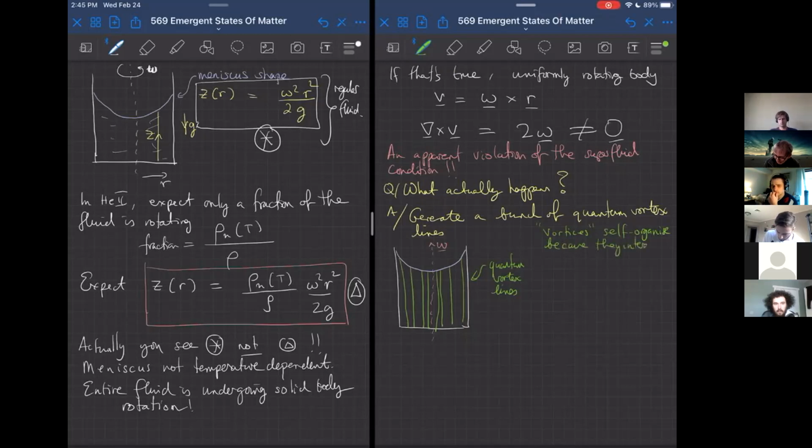And we'll work out how they interact in a few minutes. A hexagonal array in the center of the bucket.